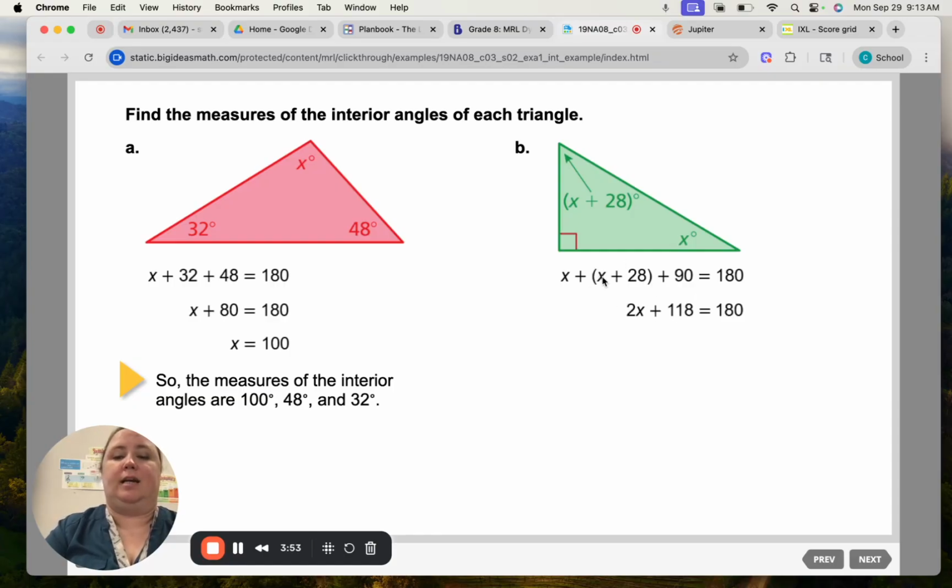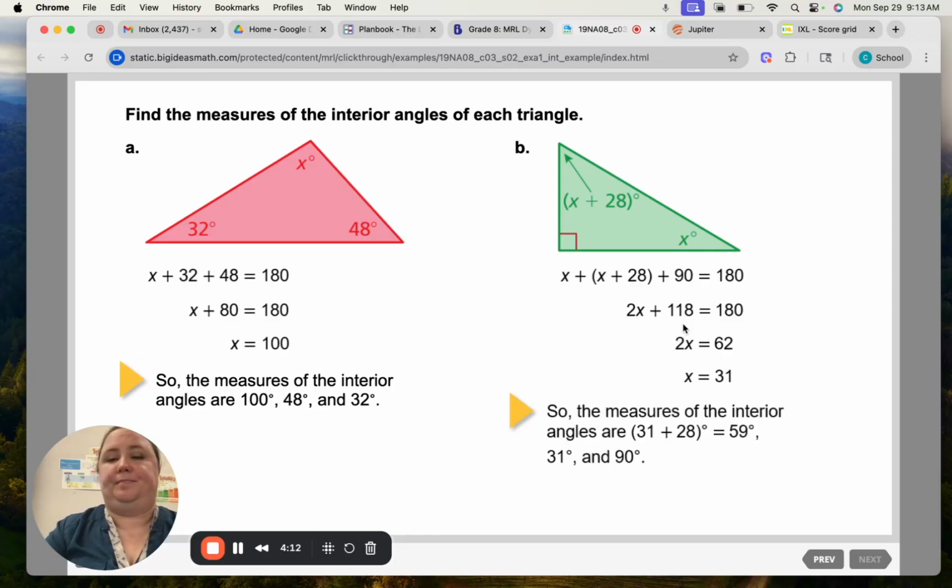So how many x's do we have? 2. And 28 plus 90 would give you 118. Then we subtract 118 from 180, and you get 62. And our last step is to divide by 2. Very good. Which would be x equals 31 degrees for this one.